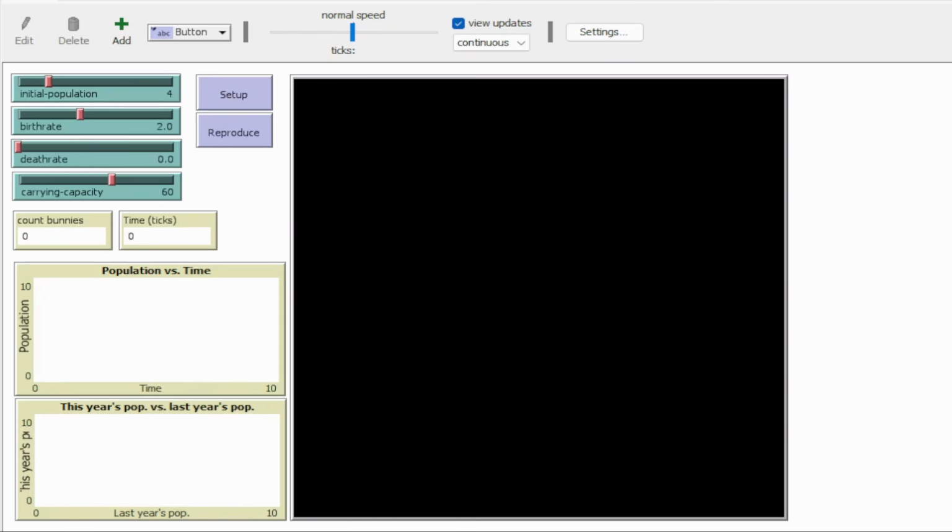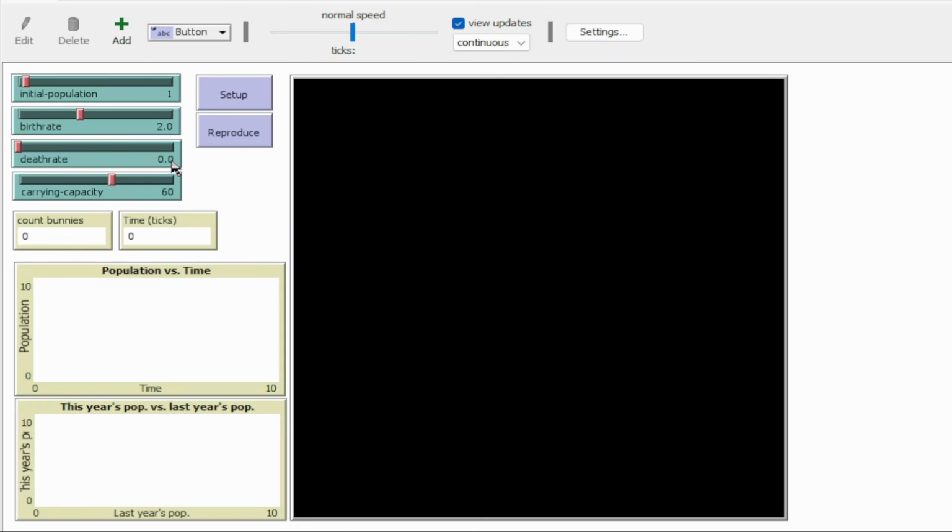Okay, so we are going to test this new model with this simulation we have. Let's start with the initial population of 1, similar to the previous one, birth rate of 2, and death rate of 0. So basically reducing this to be similar to the previous one, because r is equal to b minus d.